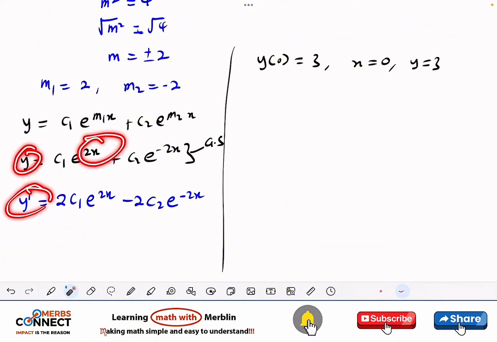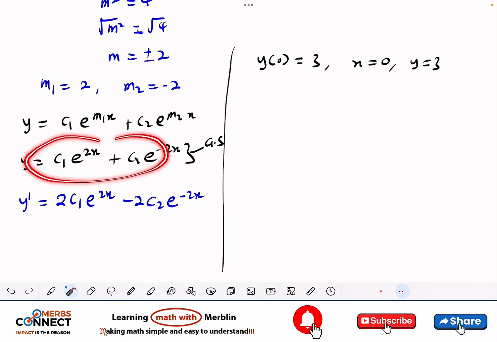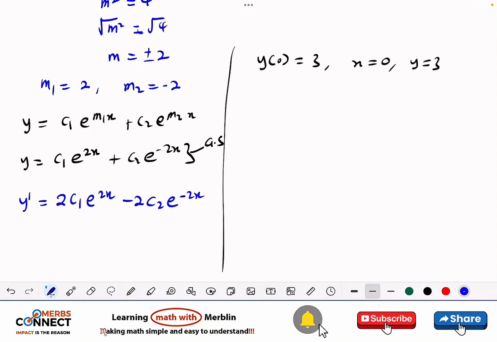This is y prime and x. So let's use this one. y is equal to 3. So I'm going to have 3 is equal to c1 e to the power 0 plus c2 e to the power 0. So plug in 0 here, 0 here. So this will be 3 is equal to c1 plus c2. So c1 is the same as 3 minus c2.